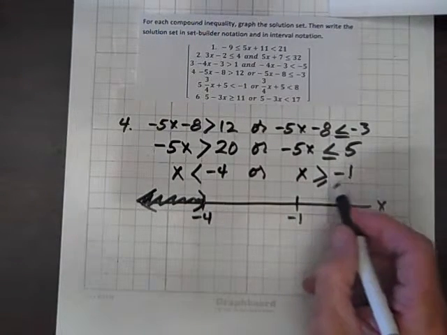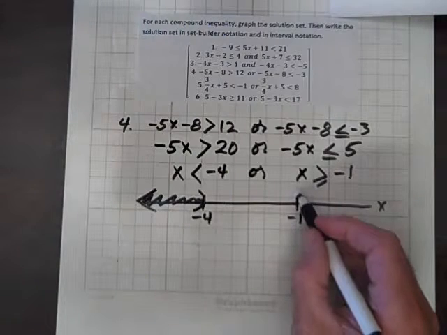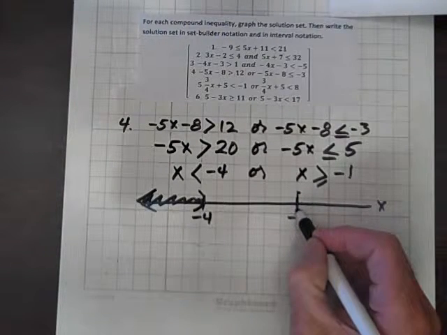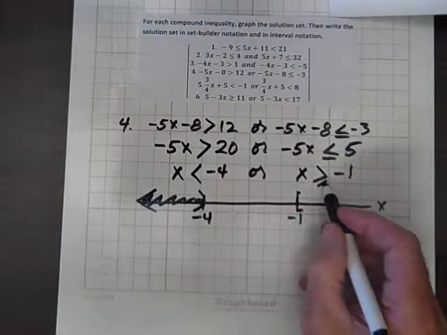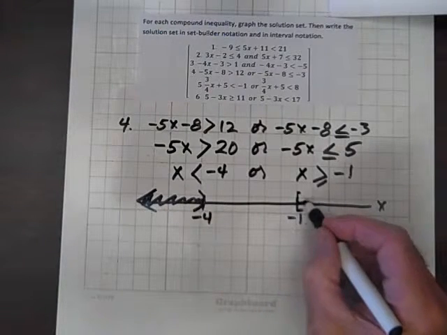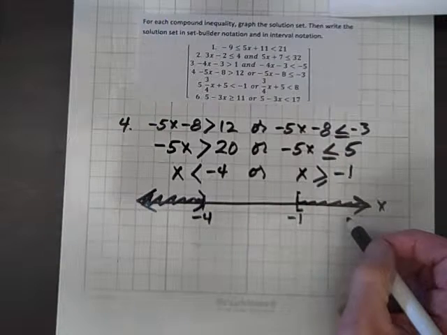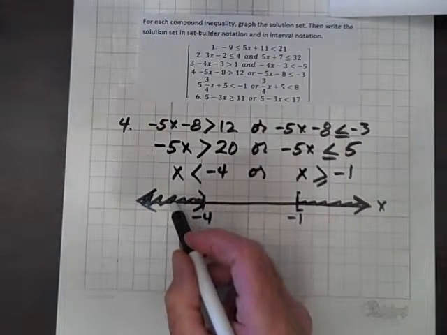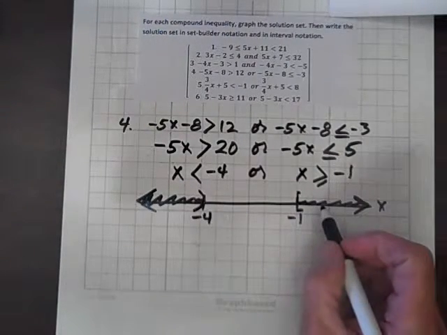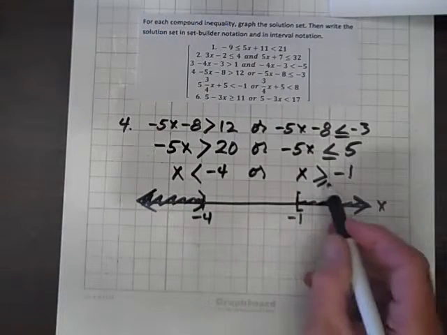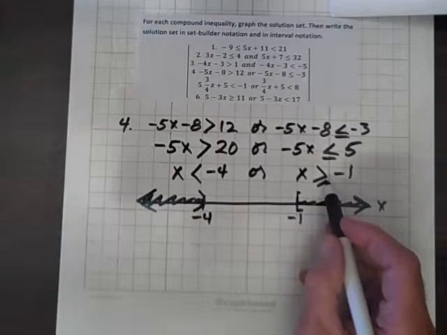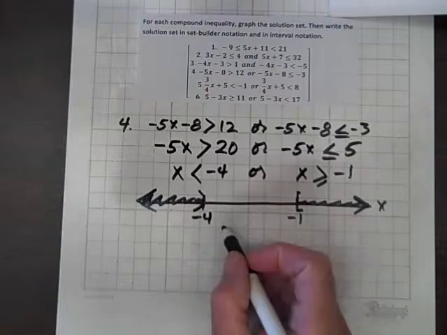At x is greater than or equal to negative 1, at negative 1 we'll put a bracket because there's an equal sign associated with that, and shade everything to the right. And now, any value in this interval or in this interval will satisfy the given compound inequality.